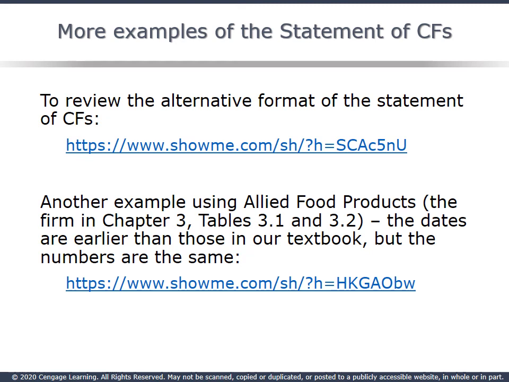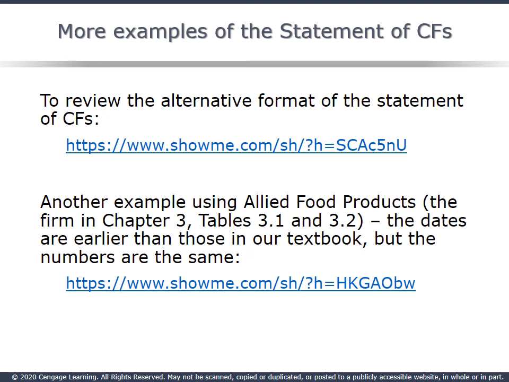The second link here uses the firm Allied Food Products, and that's the firm that's in Chapter 3. And its statements, balance sheet and income statement for 2 successive years that are used to produce its statement of cash flows, that's the company.